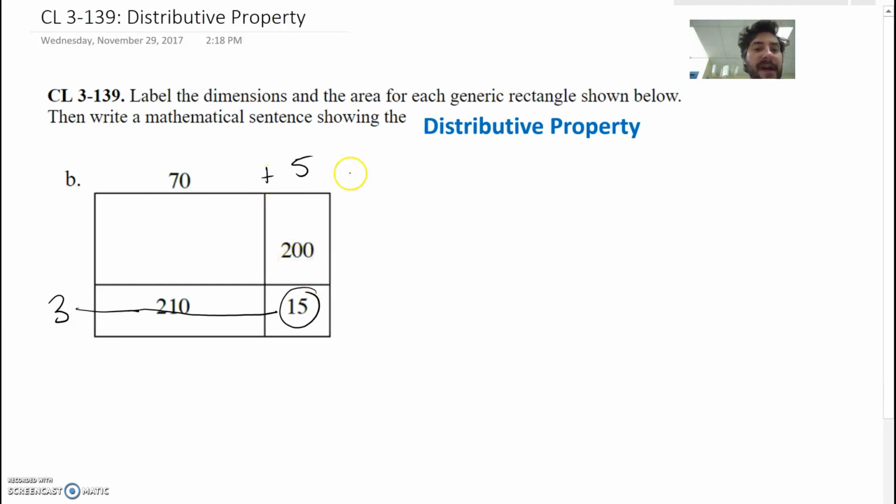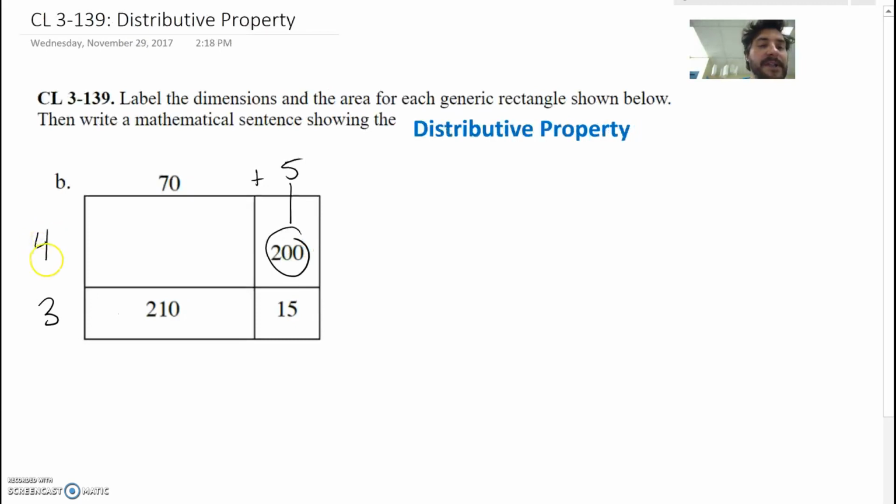So we've got 75 as the dimensions of the length of this rectangle. And then let's figure out what this is here. Well, if we know that this is 5, so 5 times something is 200. 5 times 4 gets us 20, so 5 times 40 should get us 200.